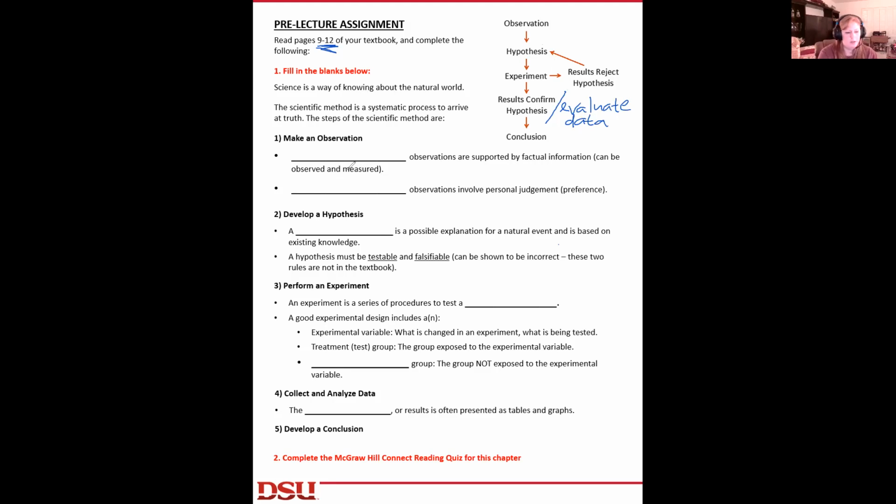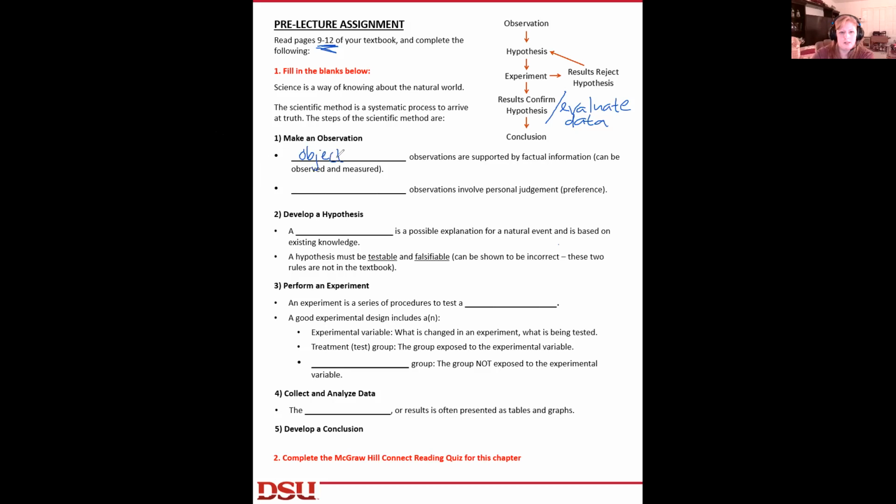Okay, so when you are making an observation, we want to have our observations be something that you can both see and watch and measure. Okay, so these are called objective observations.